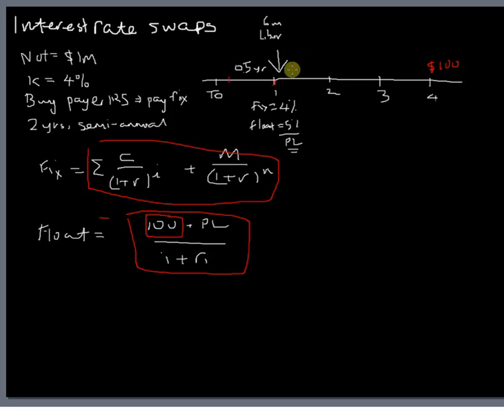If we discount everything back to here, we are getting par, which explains why this $100 is here. Then we also have this P&L here, and we discount everything back to time 0, which is this formula here. Then simply add these two, and you get the valuation of the interest rate swap.